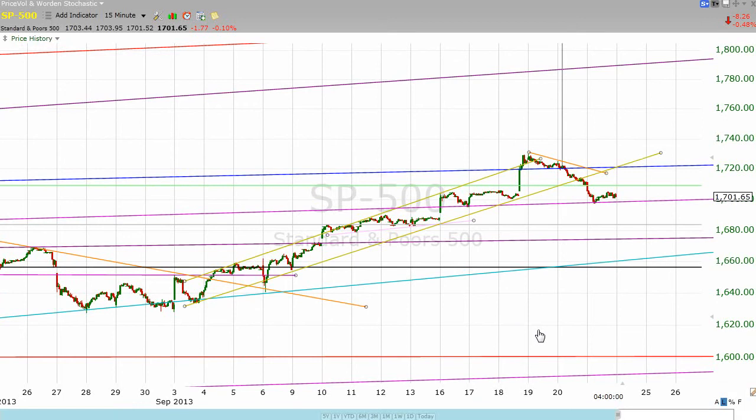It means either we are actually going to reverse here and head back down to test the previous low perhaps, or it means we go sideways and we end up going back up again.